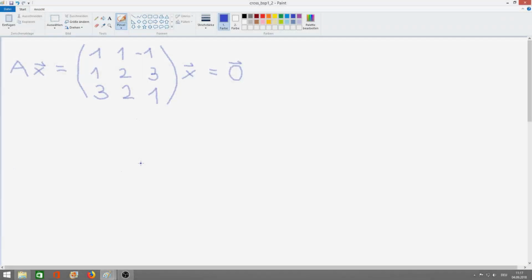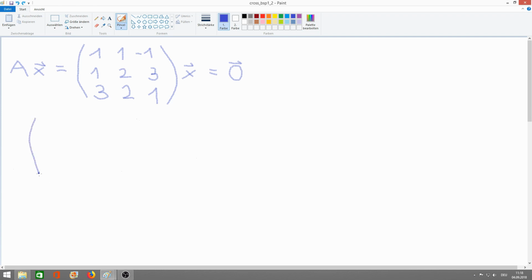Let's take a look at another example. We do the same thing as in the first example. At first, we choose two linear independent rows of the matrix A. For example, this one and that one. Now we calculate the cross product of these two rows.